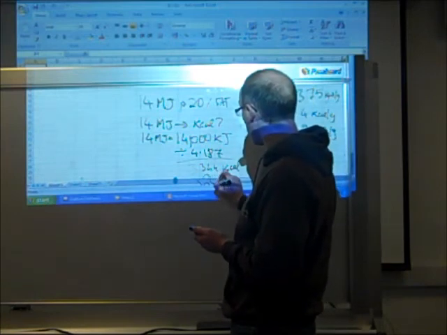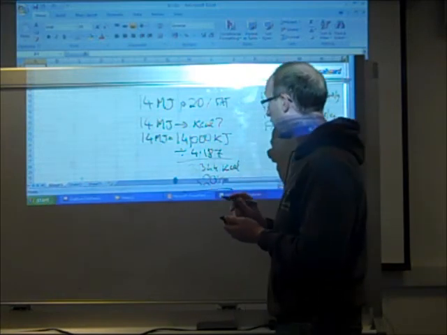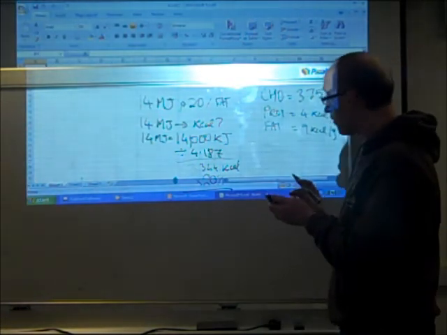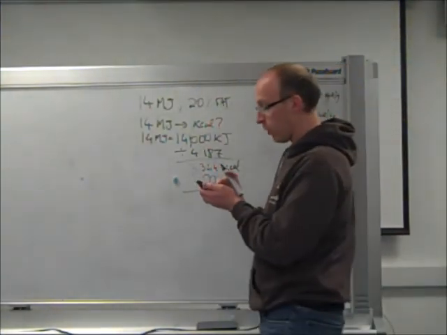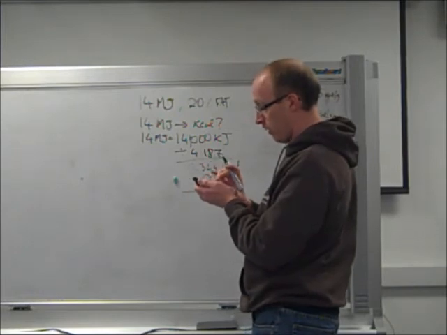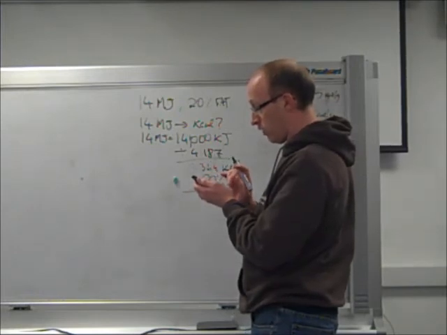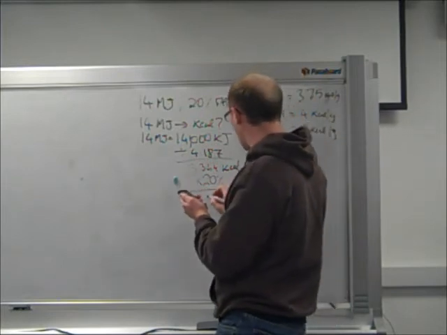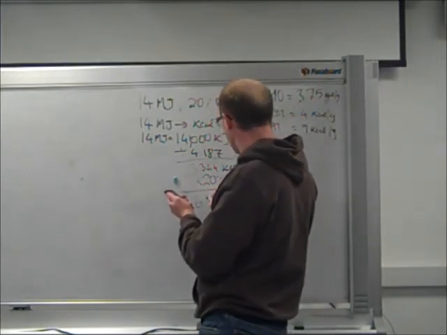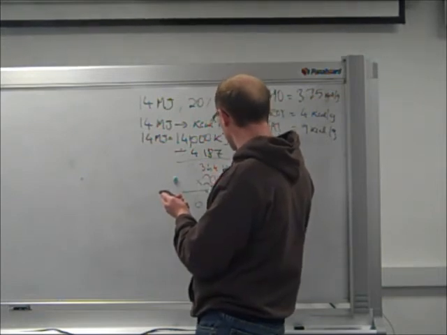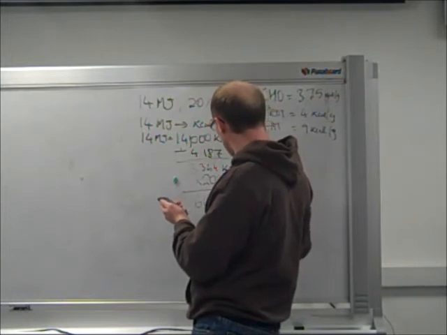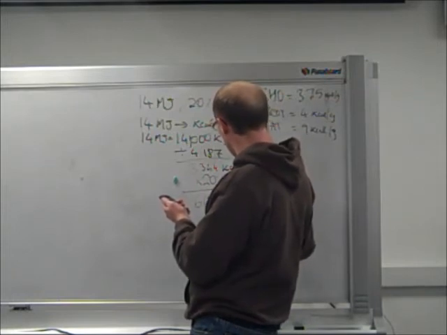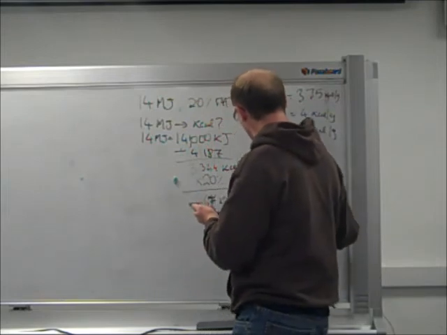So we need to get 20% of that. If we do that calculation, multiplying by 20 divided by 100, we get 667 kilocalories from fat.